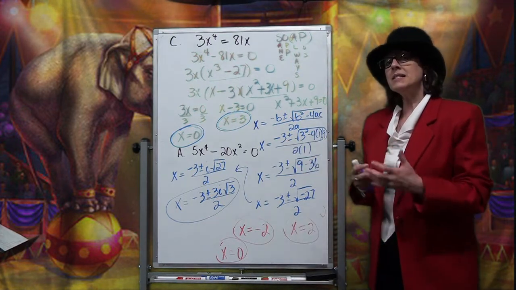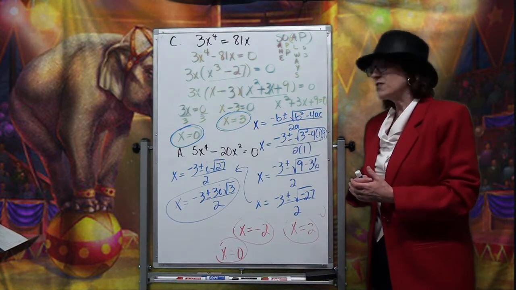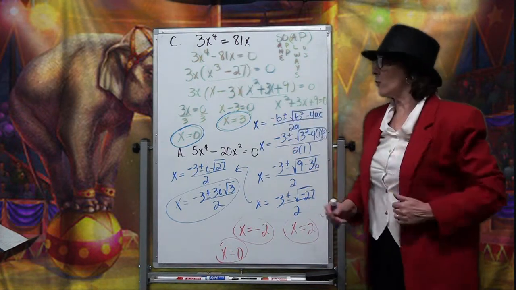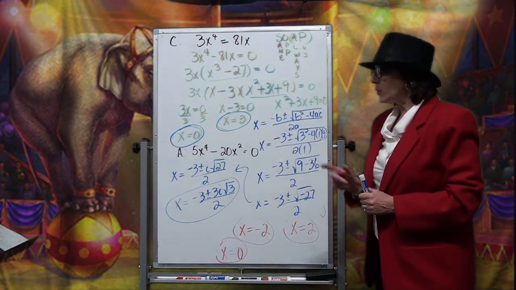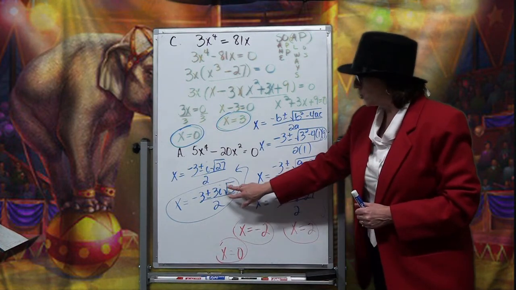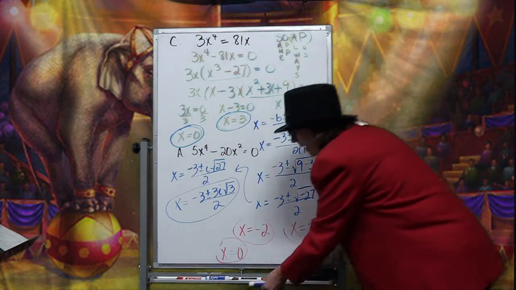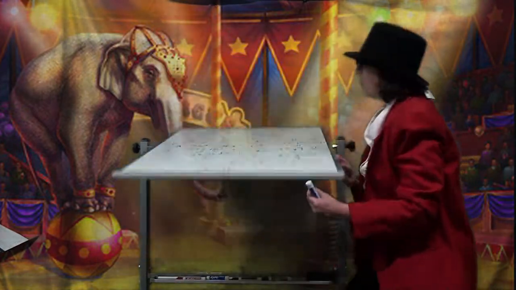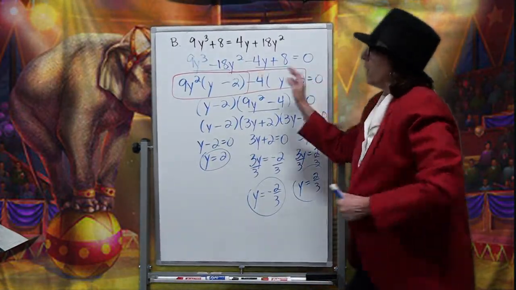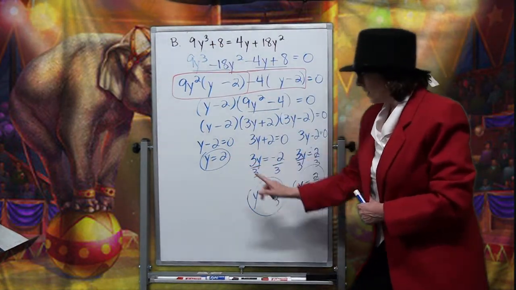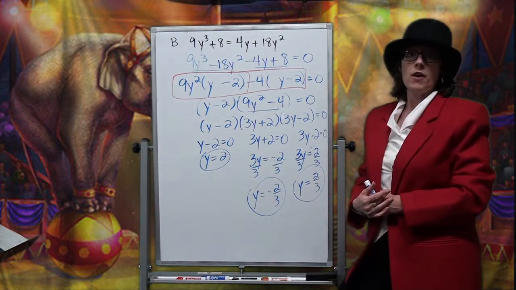Now, let me step back and point something out to you that's very interesting. Notice that in this last example, we had a fourth degree polynomial and we came up with 4 solutions. 2 here, 1 here, and 1 here. Notice as well, in the second example, we had a third degree polynomial, and how many solutions did we get? 1, 2, 3.